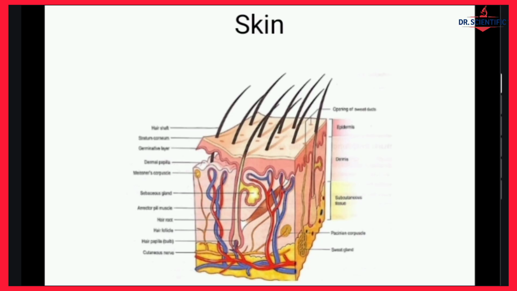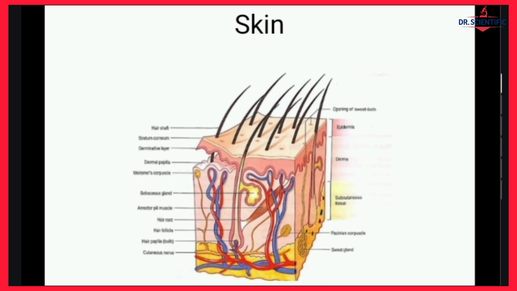One of the important layers is where cells mature and are pushed upward. We know the skin is stratified. We call it a cornified, or you can say keratinized, stratified squamous epithelium.